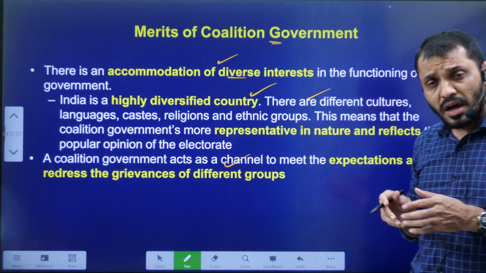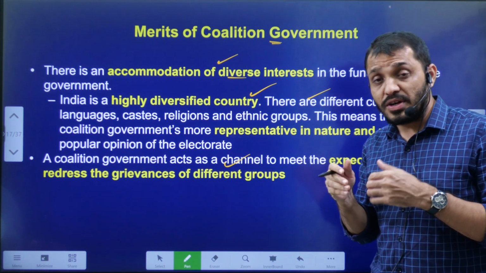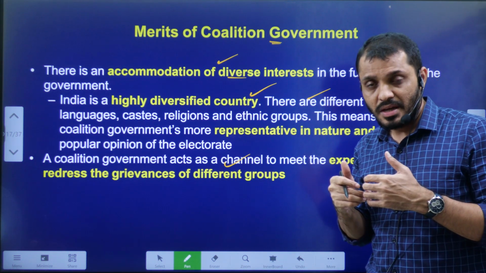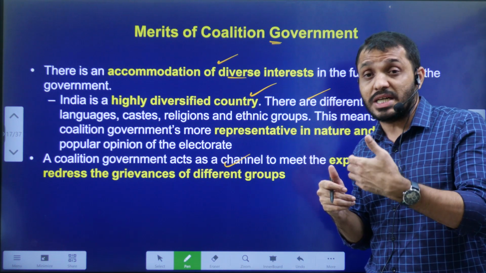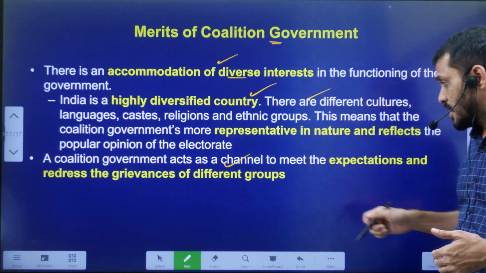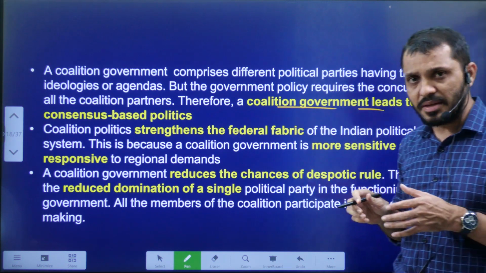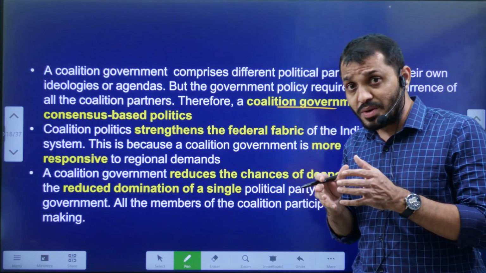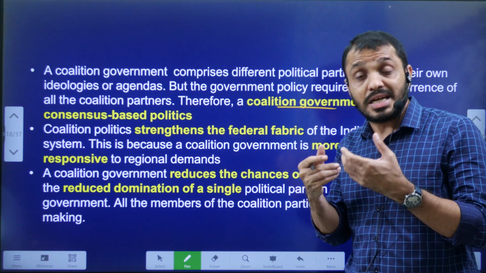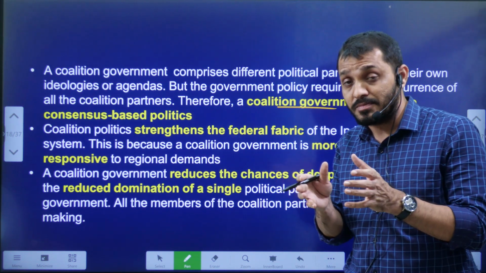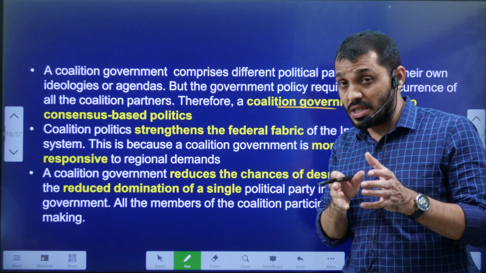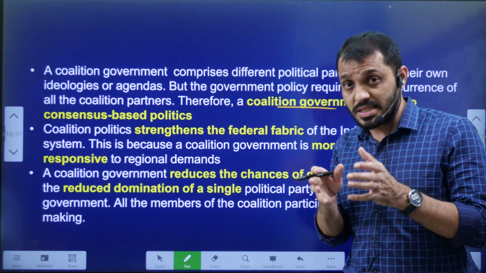It is also a platform where the grievances of different political parties and different groups in society can be solved very quickly. And whatever decisions you take in a coalition government, you will consult all the political parties in the coalition. So generally the decisions will be more consensus based.